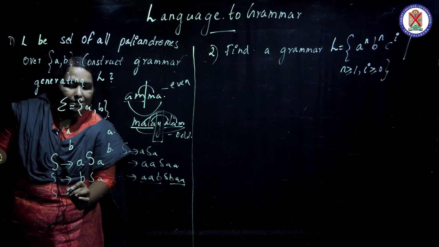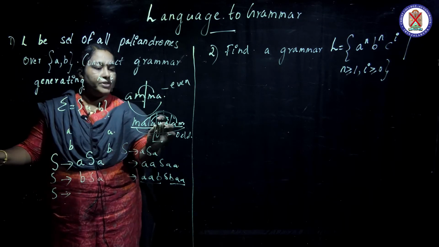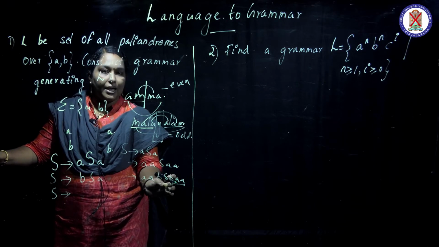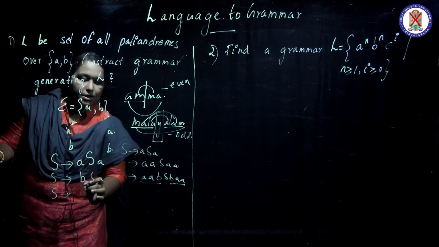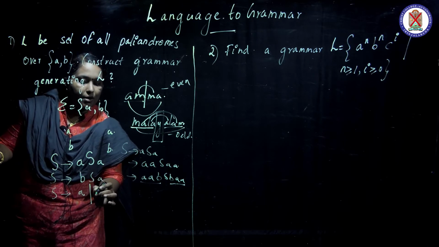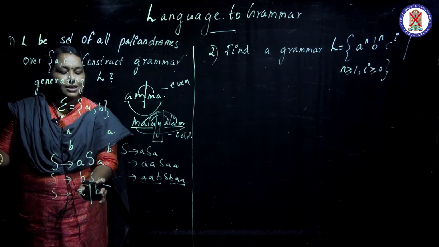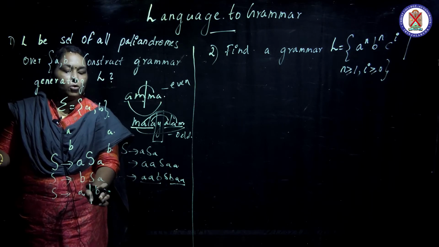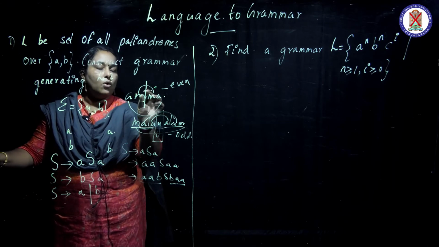Also, if it is an odd length palindrome, the symbol in the middle will be different. So here S can be a or S can be b.